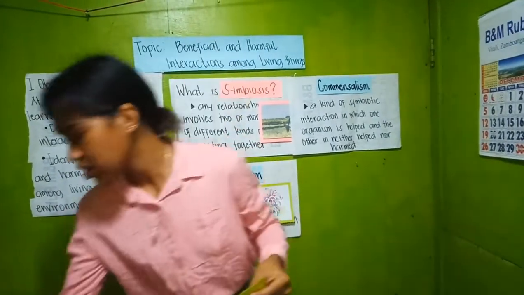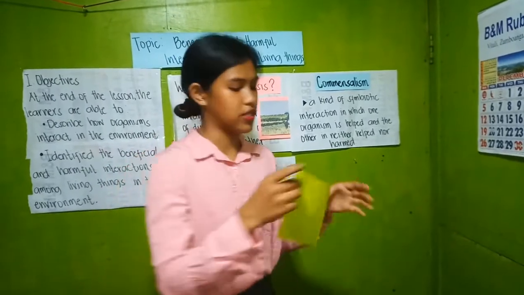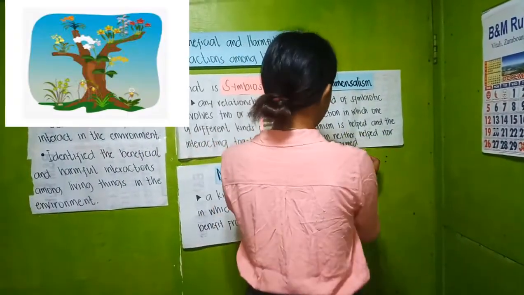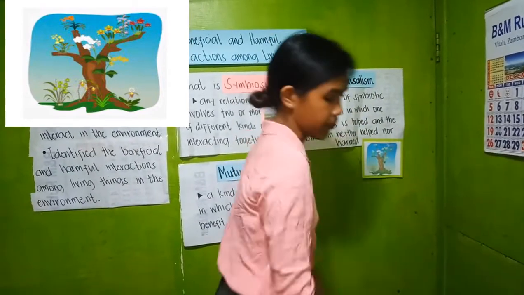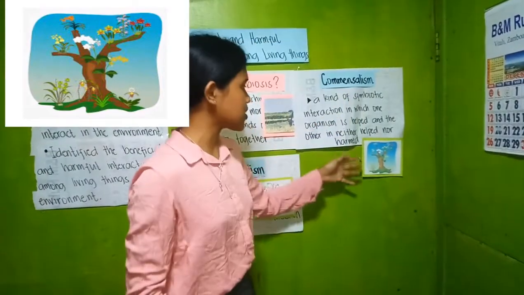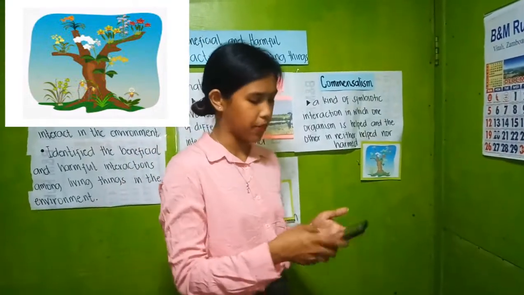Try to think, which organism belongs to commensalism? That's the example of commensalism, an orchid which is carried by a tree.